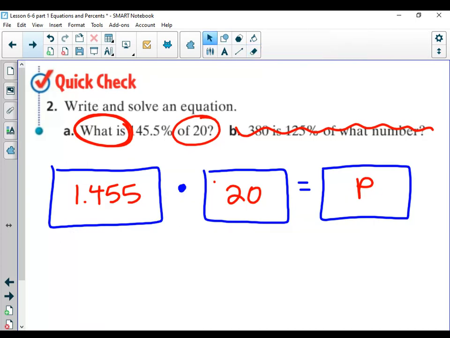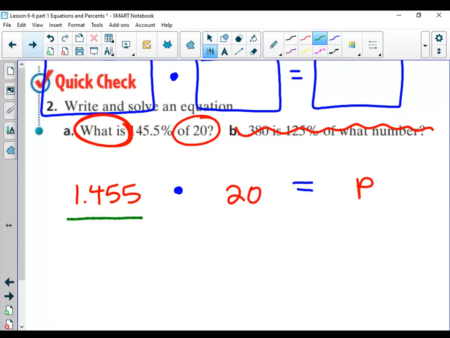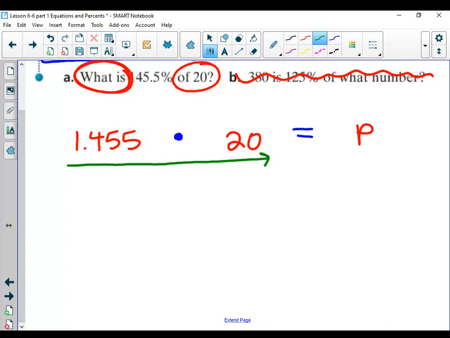Okay, I have it set up. I am supposed to multiply 1.455 times 20. Guess what? I can! Yay! I can do it like it says. I can just multiply.